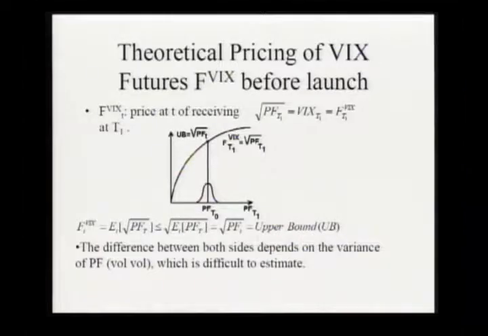You have a concavity bias here, a Jensen bias, due to the uncertainty around this PF of T1 value. So the naive approach, which would have been to take in a deterministic world this value for the VIX, is actually a proper upper bound, but it's not correct because you have to take into account the volatility of volatility, and there are different attempts to compute this concavity.